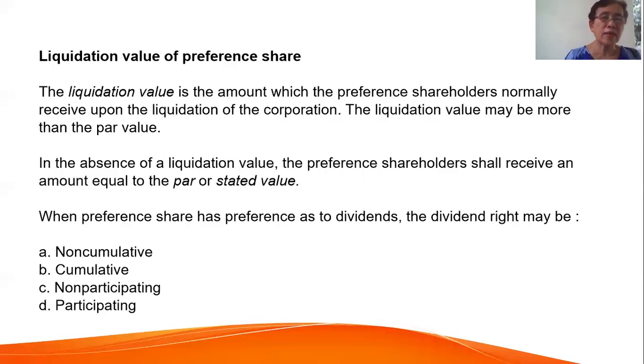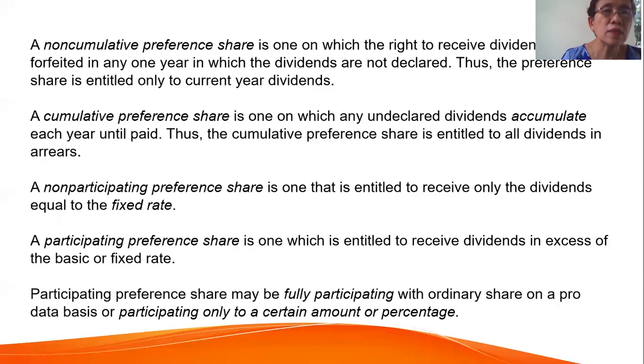When preference share has preference as to dividends, the dividend right may be non-cumulative, cumulative, non-participating, and participating. Now, this is in connection with the types of preference shares. A non-cumulative preference share is one on which the right to receive dividends is forfeited in any year in which the dividends are not declared.